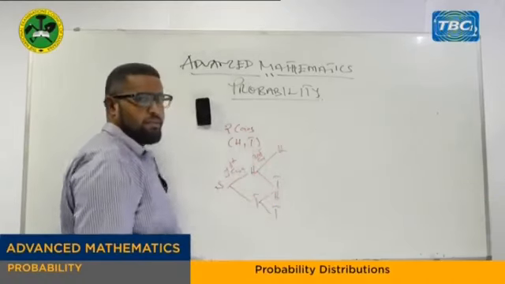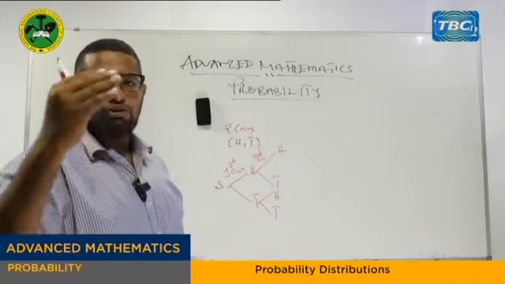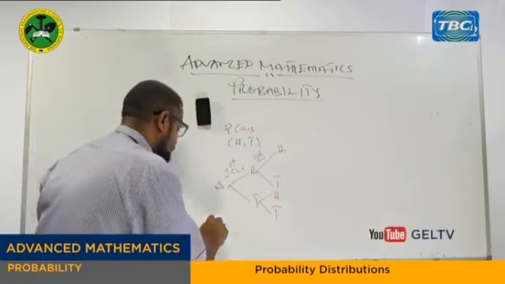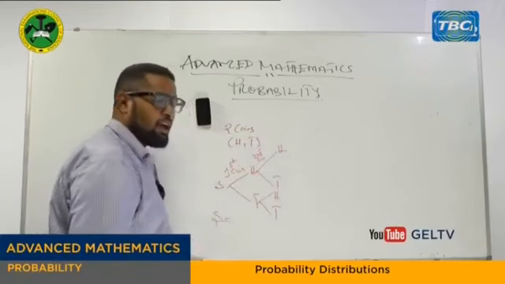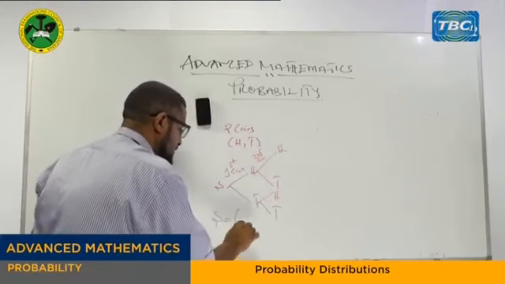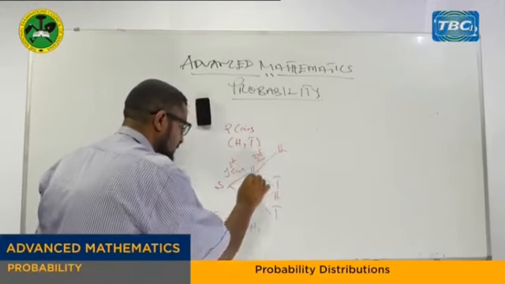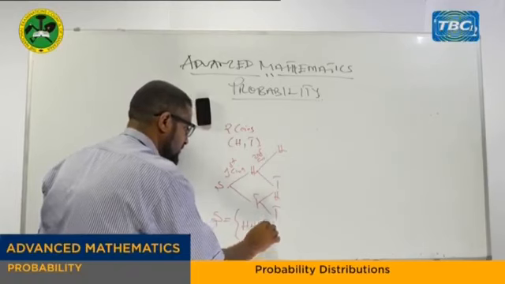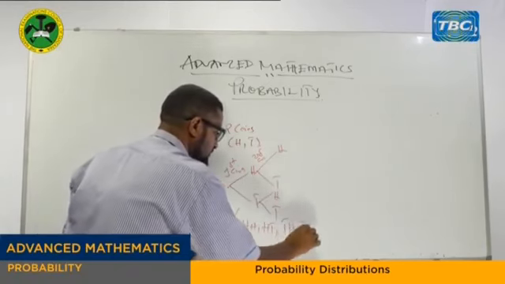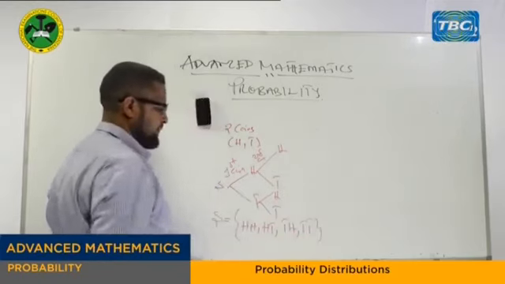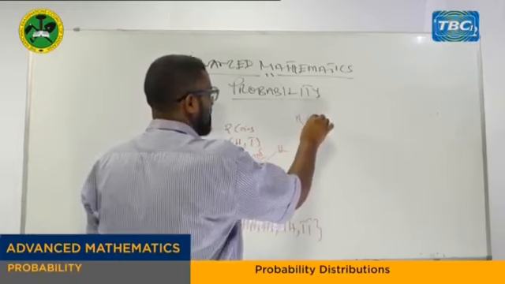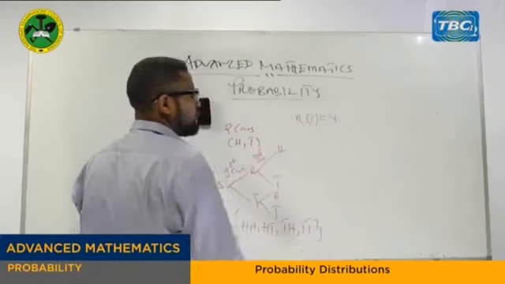After that, you need to write a set containing the outcomes. So our sample space elements will be HH, HT, then TH, TT. So when you count them, you'll see that the number of sample space is equal to 4.